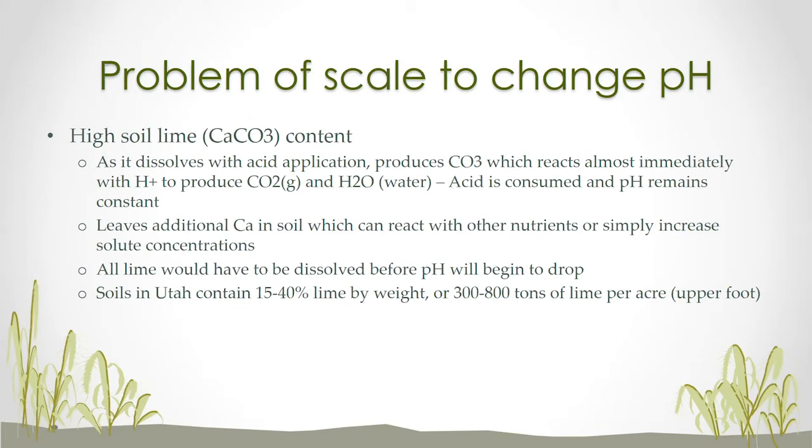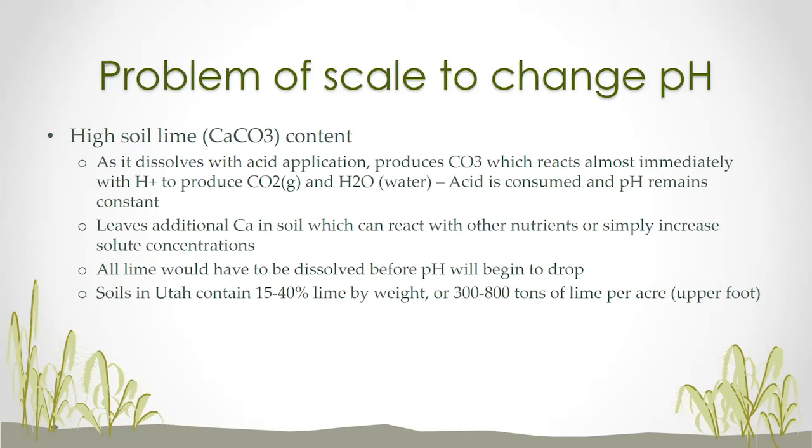If you take a soil at 15%, and you take an acre of that soil and just look at the top foot of that acre, that's 300 tons of lime content in that soil. 300 tons of lime would have to be completely dissolved before you can start to lower the pH of that particular soil at 15% calcium carbonate by weight.